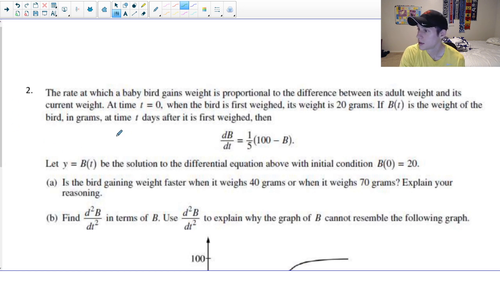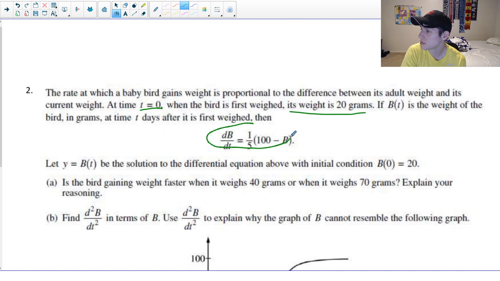Number 2, the rate at which a baby bird gains weight is proportional to the difference between its adult weight and its current weight. At time t equals 0, when the bird is first weighed, its weight is 20 grams.